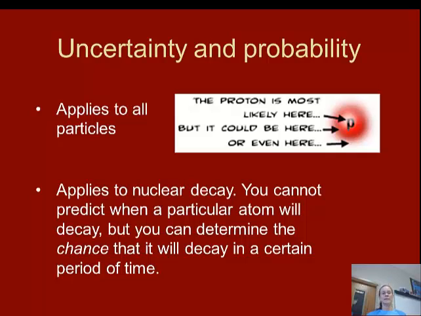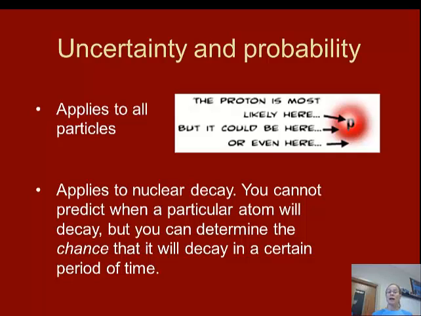And so this idea of uncertainty and probability, again, it applies to all particles, not just the electron, but the electron is the one that we're going to be focusing on because it is responsible for the chemical behavior of atoms, and we'll be transitioning into bonding and those chemical properties of atoms that rely on the behavior of electrons.